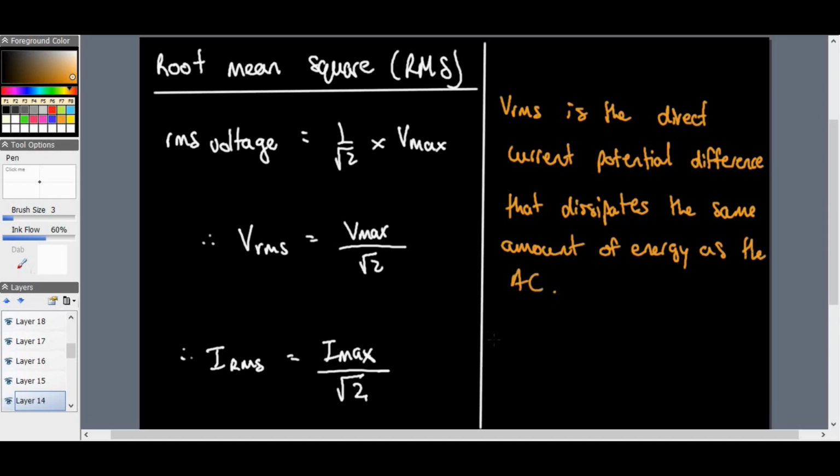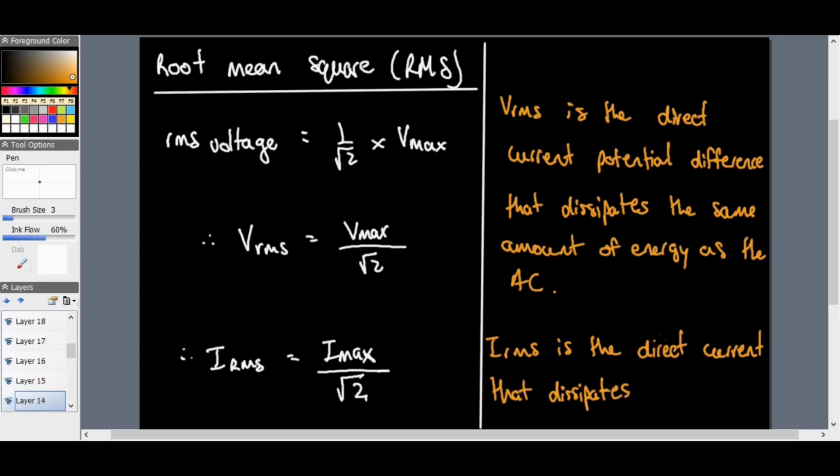Now the same goes for Irms. Irms is the direct current that dissipates the same amount of energy as the AC. I think my hand feels like it's frozen.